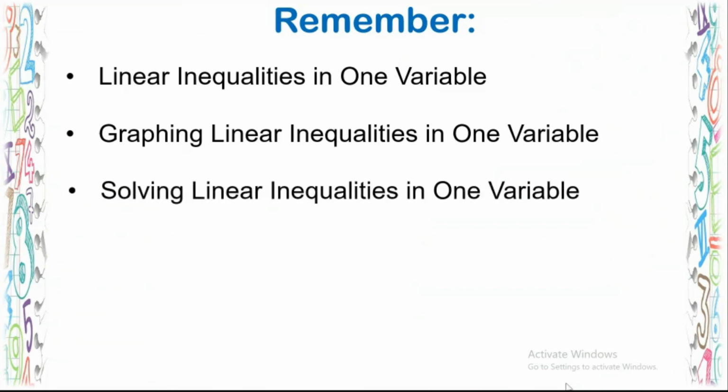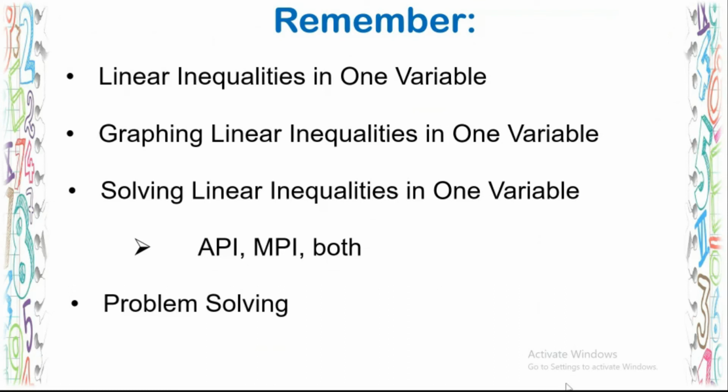In solving linear inequalities in one variable, we must apply the addition property of inequality, the multiplication property of inequality, or both. And don't forget to reverse the inequality symbol if we are multiplying or dividing both sides of the inequality by a negative number.